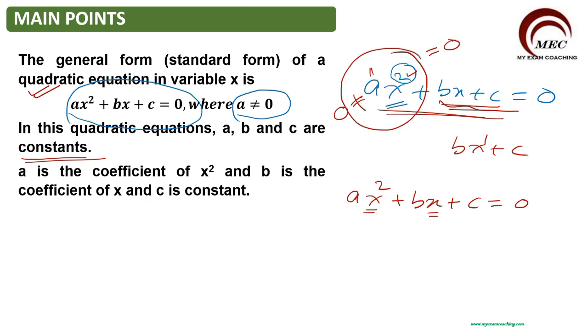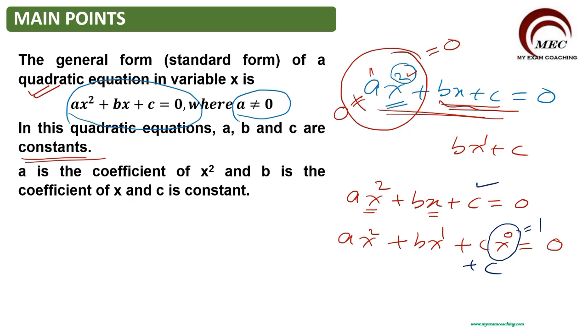So generally, it is ax square plus bx power 1 plus cx power 0 equal to 0. X power 0 is taken as 1. Anything power 0, the value will be equal to 1. So c into 1 will become c only. That is why we are writing it as c only.